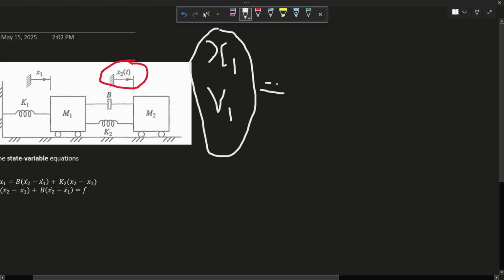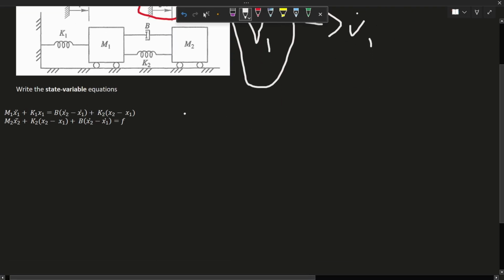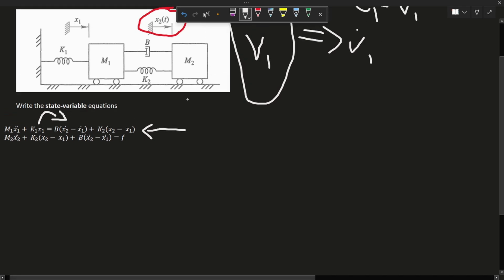The next step is to define the derivatives of your state variables. x1 dot is just equal to the velocity, and for v1 dot, we're going to use this equation. We send this to the other side. v1 dot, by the way, is just the acceleration.